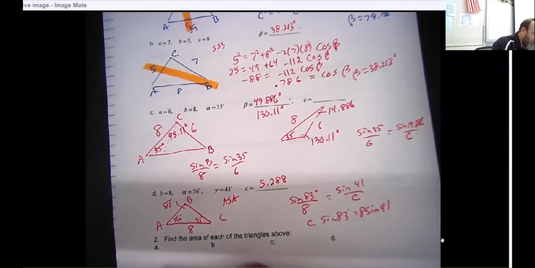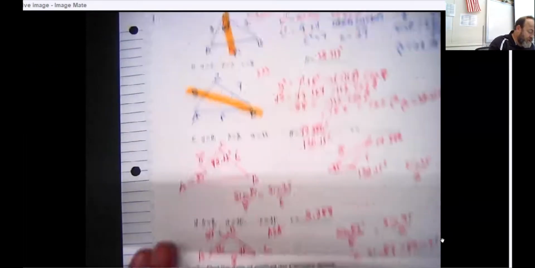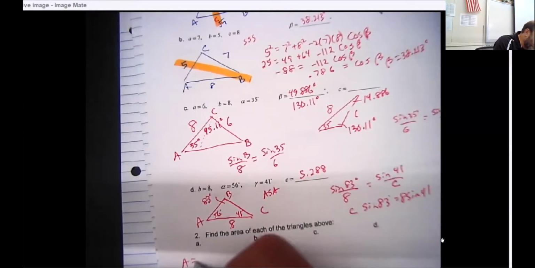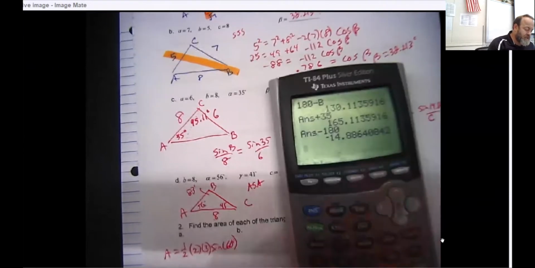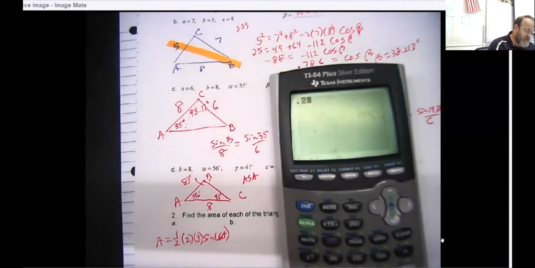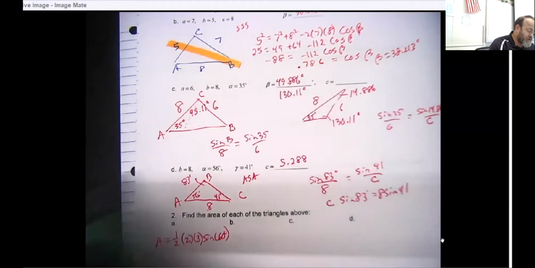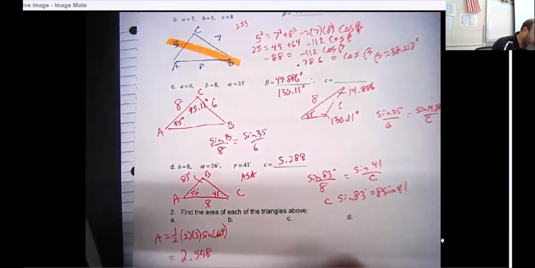Well, the first triangle says if you have two sides and the angle in the middle, then all I needed to do is do 1/2 the product of those two sides times the sine of the angle in the middle. And this is a nice little unit circle problem done on purpose, but honestly, right now, if we just grabbed a decimal, I'm okay with that. We're going to get 2.598 would be the area.